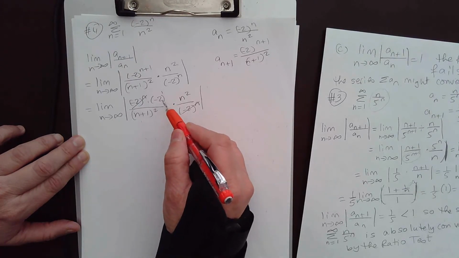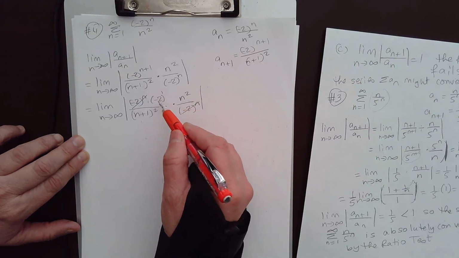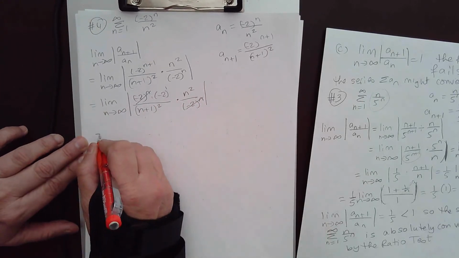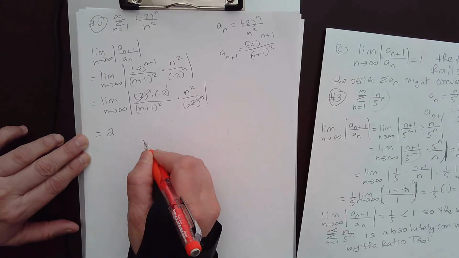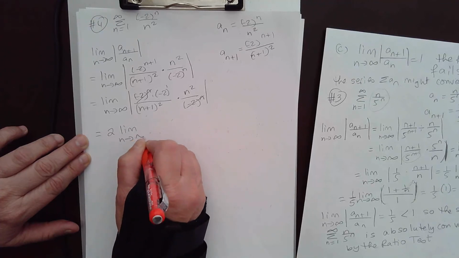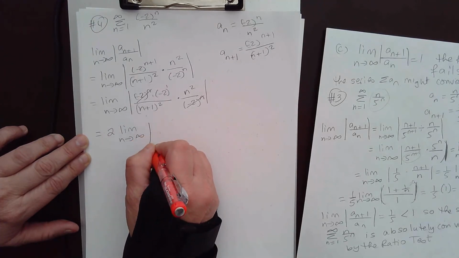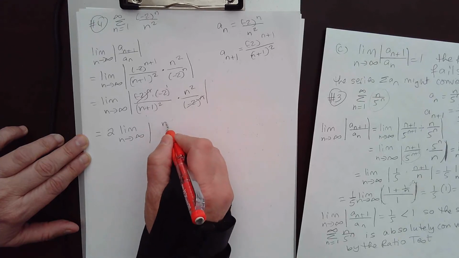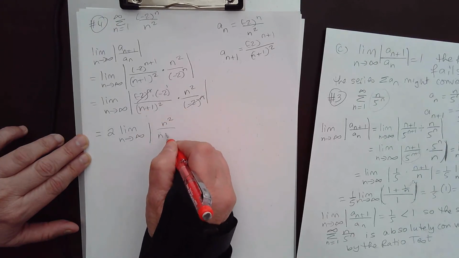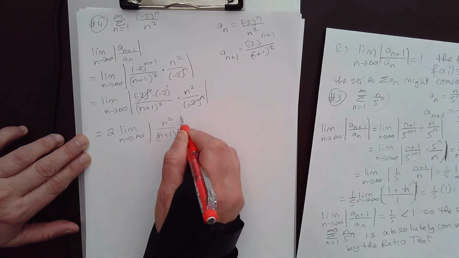The absolute value of negative 2 is going to come out as 2. So this is going to be 2, times the limit as n approaches infinity of n squared over (n plus 1) squared.